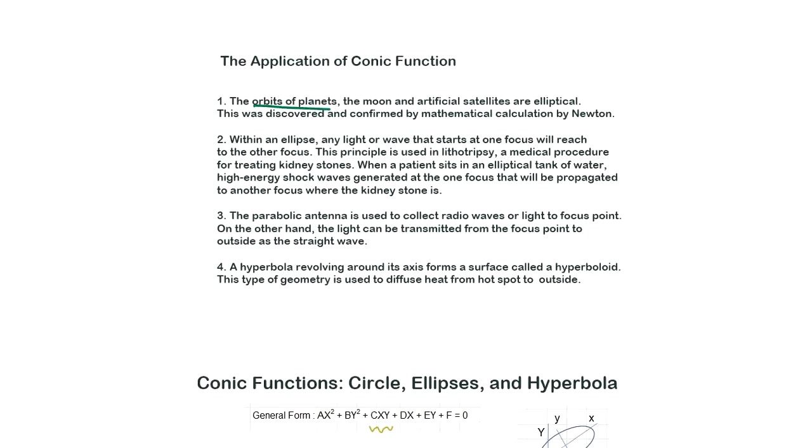The orbit of a planet, moon and satellite, they are going around. Actually, most of the time it's not a circle, it's an ellipse. Sometimes a very, very skewed ellipse. And within the ellipse, any light or wave that starts at one focus reaches the other focus.